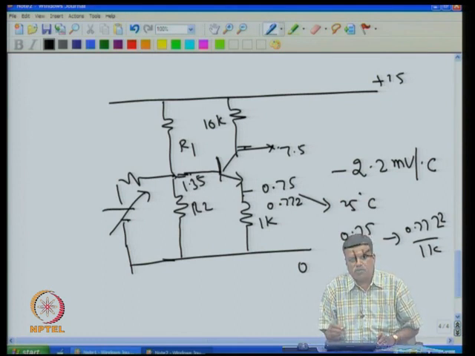Only when this issue was solved did the operational amplifier come in, and then analog electronics started growing very rapidly, and digital as well as power electronics also started growing very rapidly after this point.